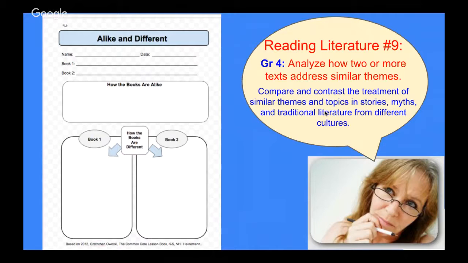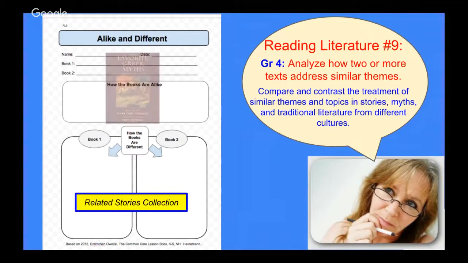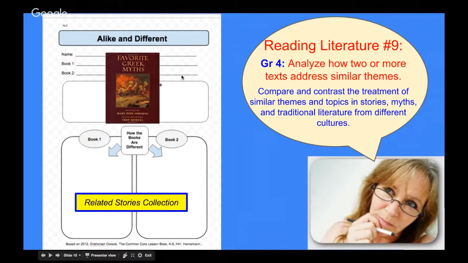4th grade bumps it up into the genre of traditional literature, myths, cultures and whatnot. So again, Owocki gives us suggestions. Here has been a favored book on a collection of Greek myths.